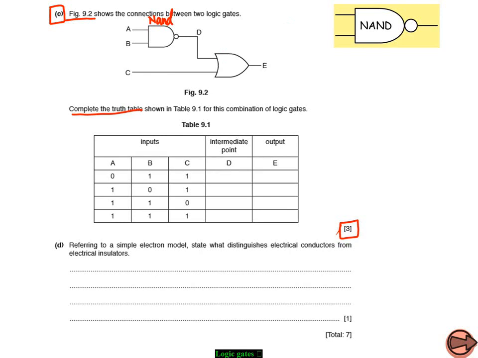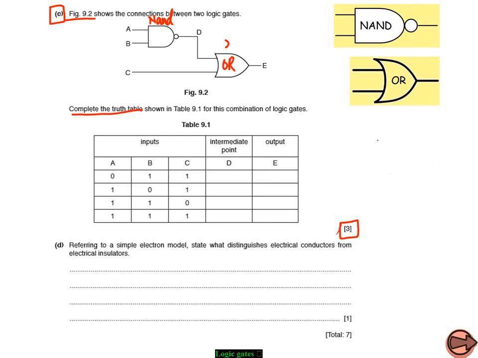And this gate, let's see what kind of gate this is. This is an OR gate. You can see these two look similar. So we can simply write down here, this is an OR gate.